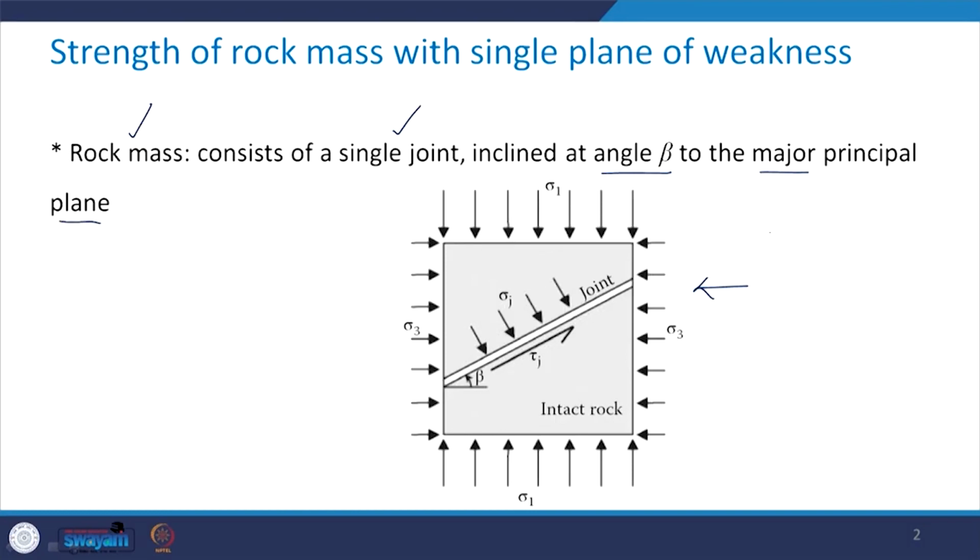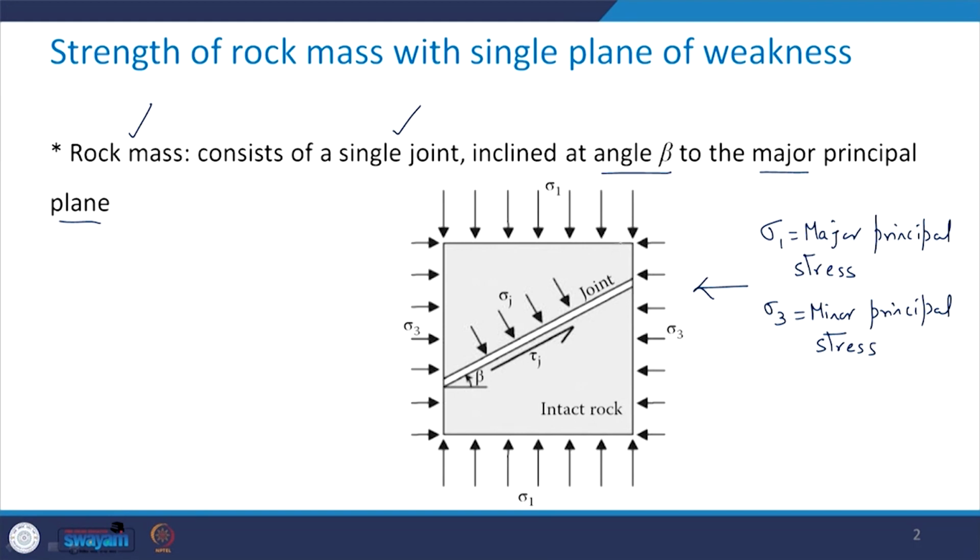Here sigma 1 is the major principal stress and sigma 3 is the minor principal stress.